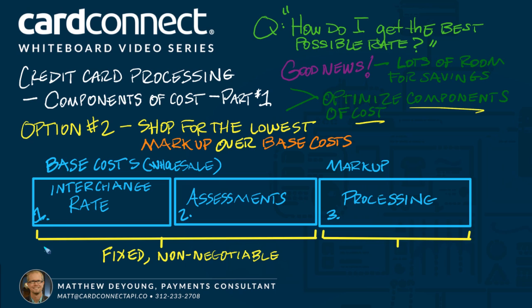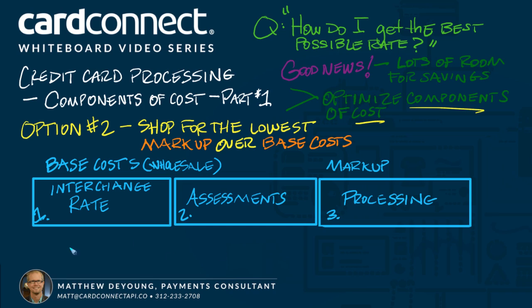They're non-negotiable, and they should amount to about 80% of the costs, and then processing should amount to about 20% of your costs. And those processing fees are in fact negotiable. So you have 80% over here with the interchange rate, and 20% of your cost should be more of a negotiable processing rate.